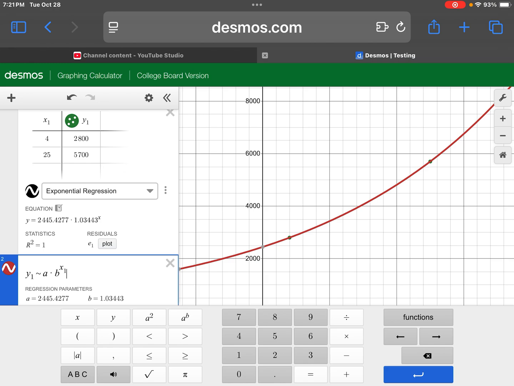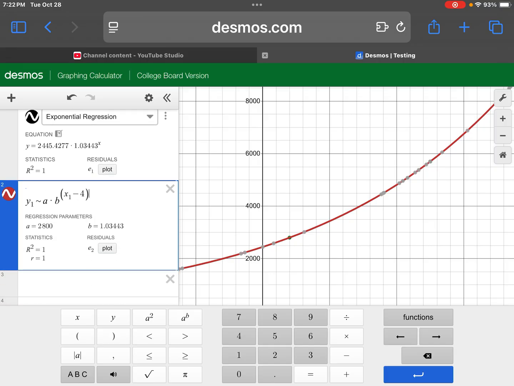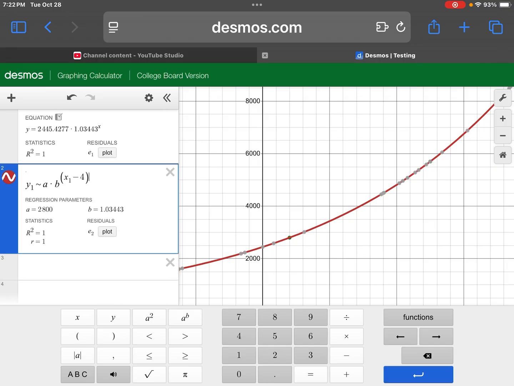Then I'm going to go up to my exponent. I found that I needed to put parentheses around this. I'm going to put my x minus 4 like so. Now that I have done that, I have my equation with the A value 2800 and the B value 1.03443.